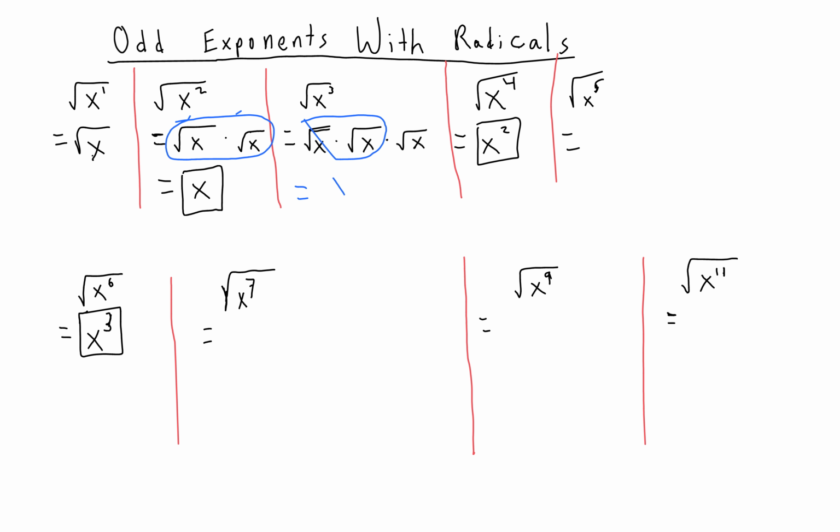We know that that is going to simplify to just normal x. You can't take the square root of a normal x, though, so we have to leave that normal root x there. So I'm just going to have x root x.